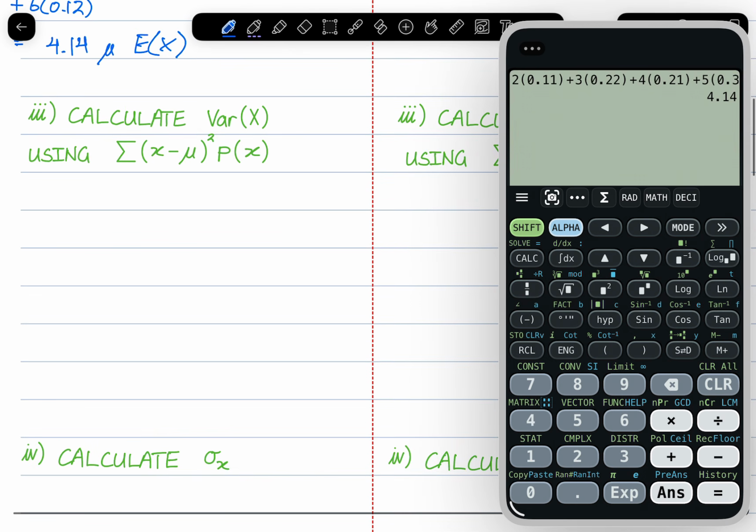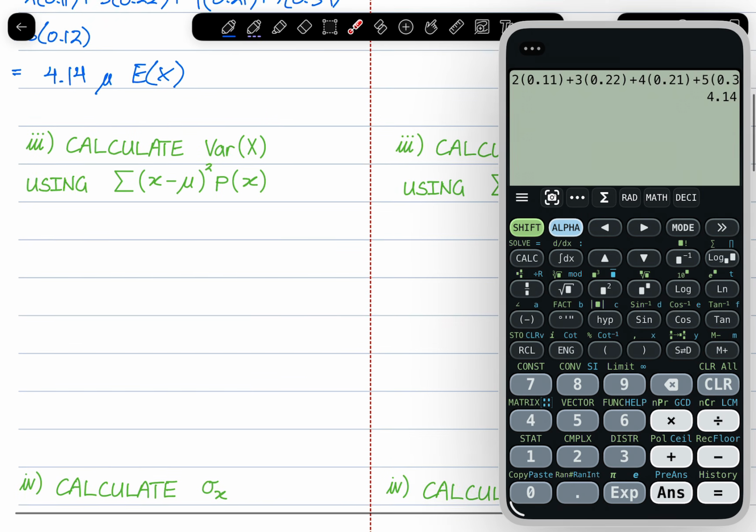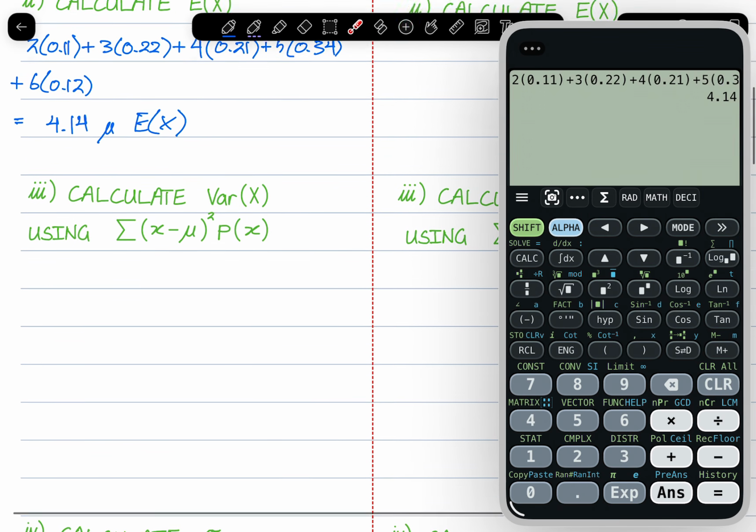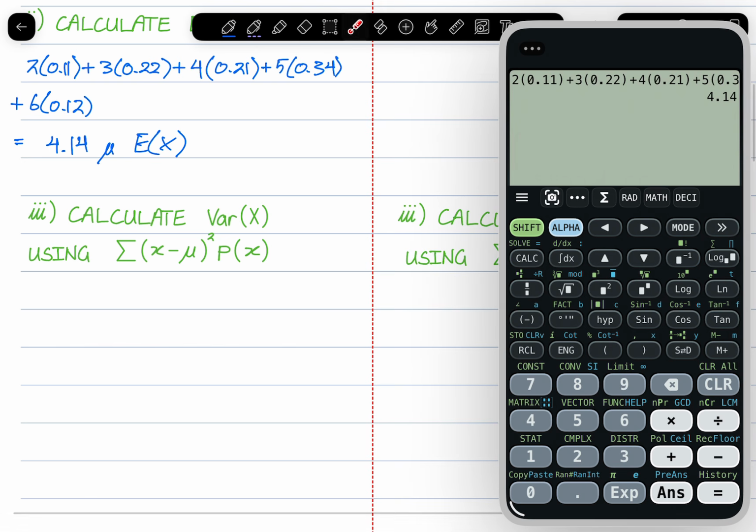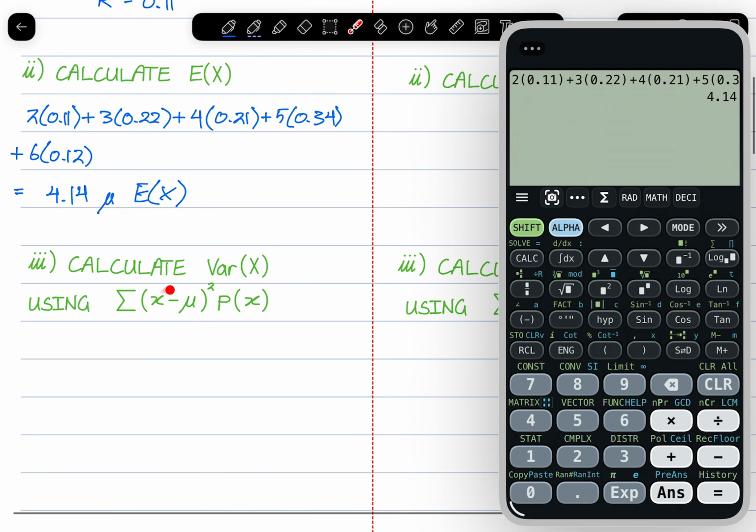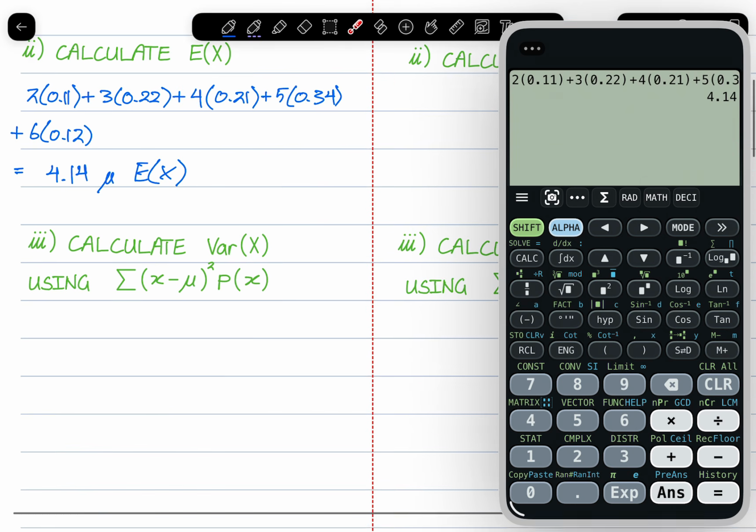Now, occasionally we do come across problems like this, where it says calculate the variance, VAR, using this notation. So this specifically means we need to take each x value, subtract the mean, square it, and then multiply it by its probability.